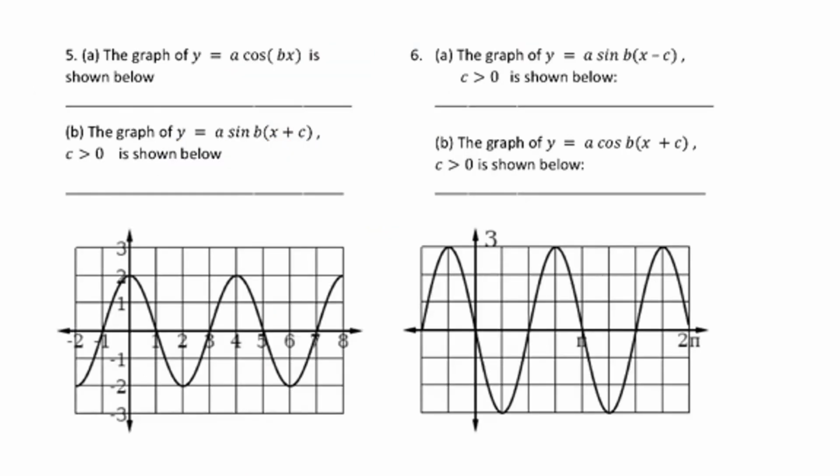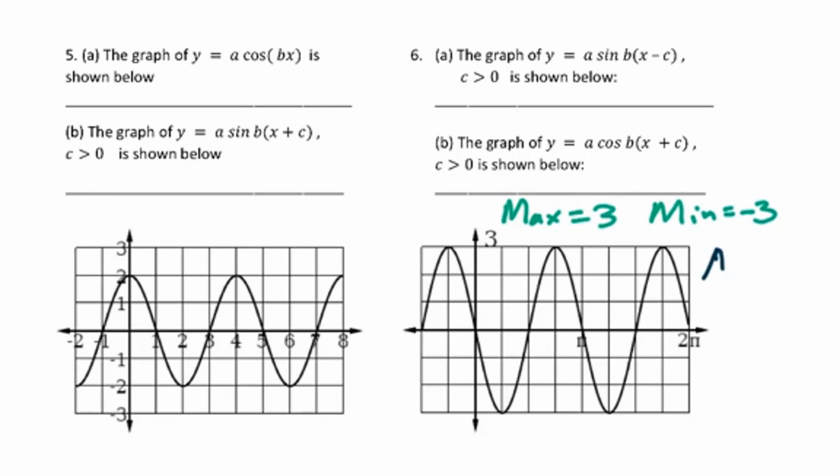Let's go to number 6. The graph of y equals a sine b(x minus c), with c greater than 0, is shown below. So we need to look at this graph. First of all, we need to figure out the maximum. That equals 3. Minimum equals negative 3.